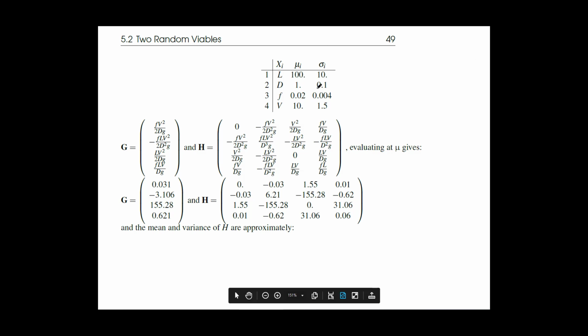So these are the values we get. Here are the mean and sigma, the standard deviation, which is just the coefficient of variation times the mean, which is all we need really. The other thing we need is the gradient and Hessian matrix.